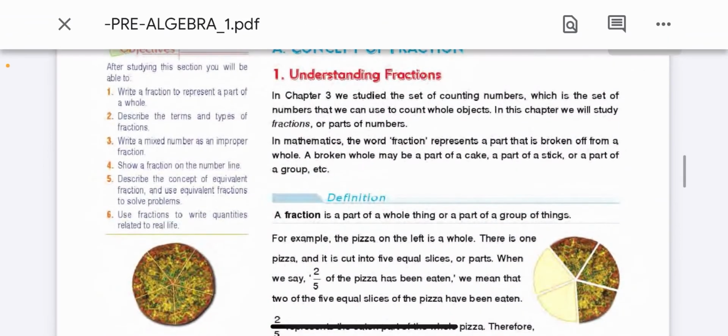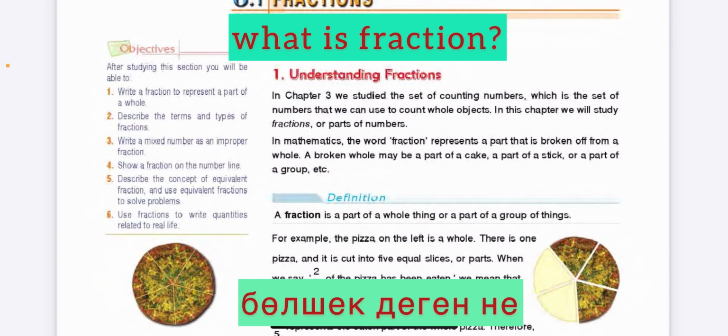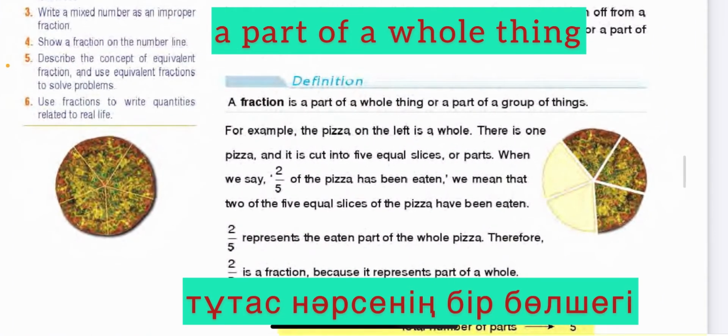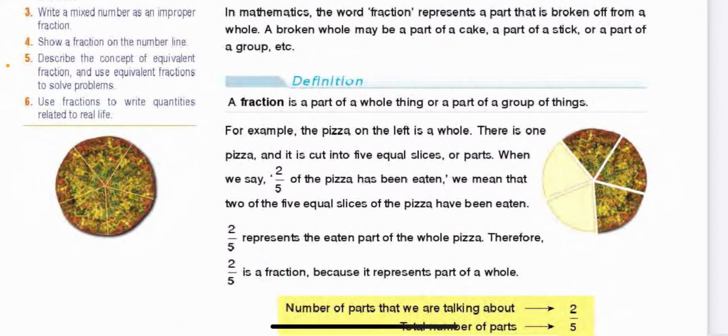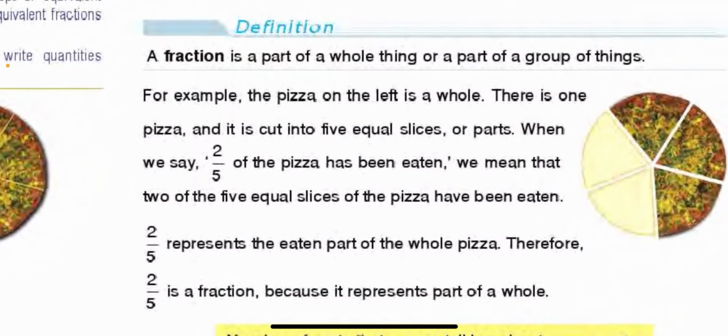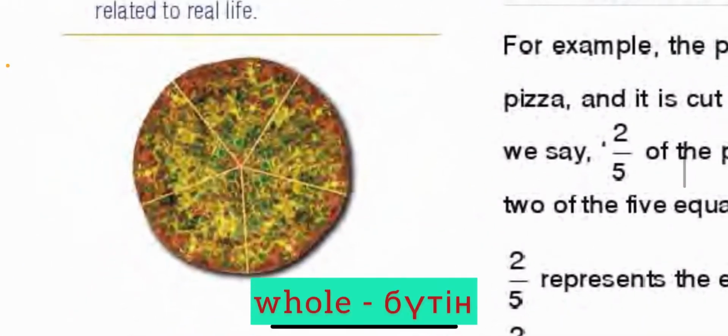Now let's start with understanding fractions. What is a fraction even? A fraction is a part of a whole thing, or a part of a group of things. It's like when we talk about pieces of something. For example, the pizza on the left is a whole pizza.